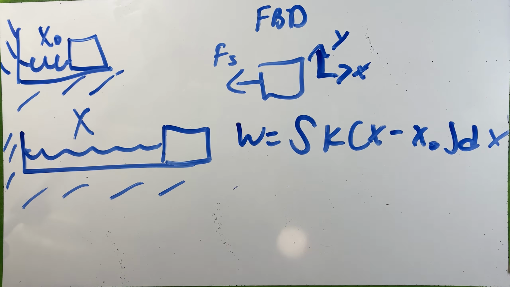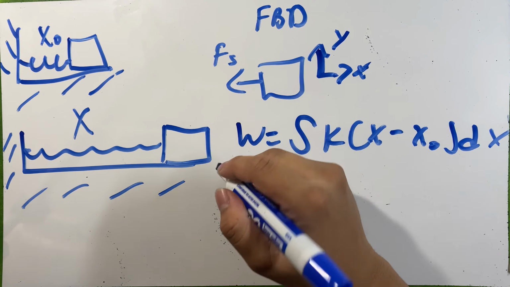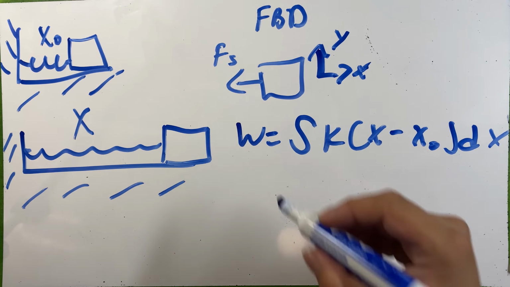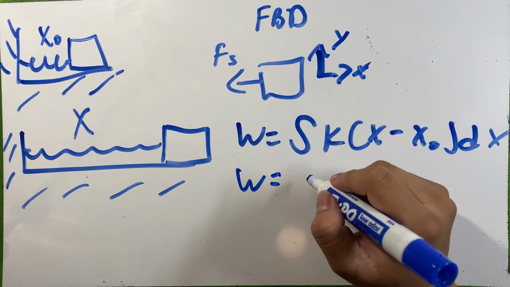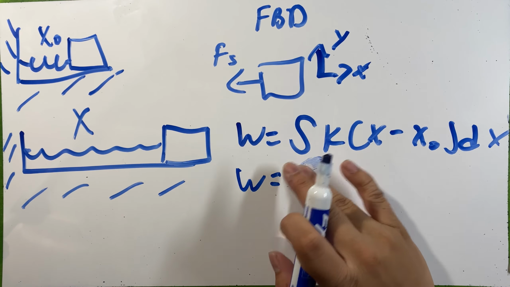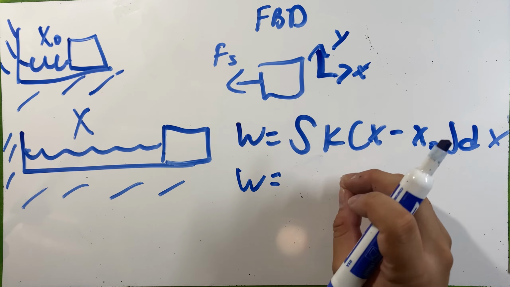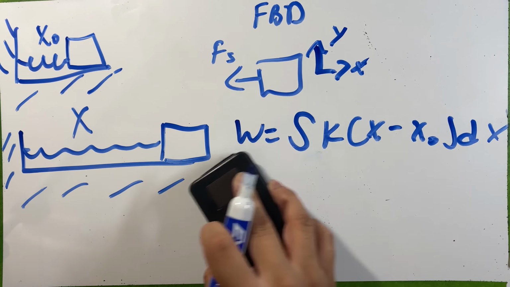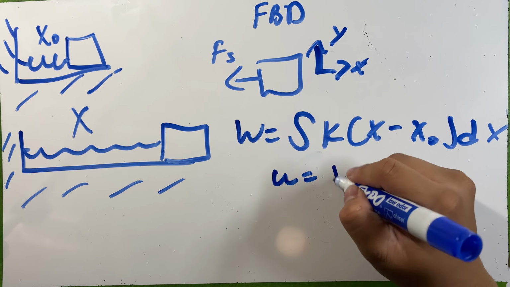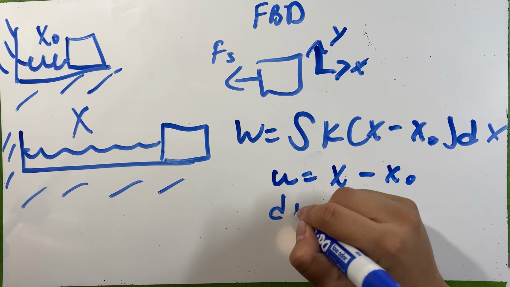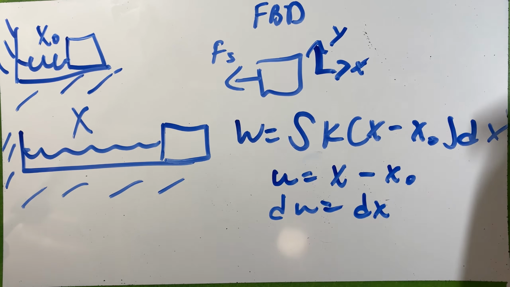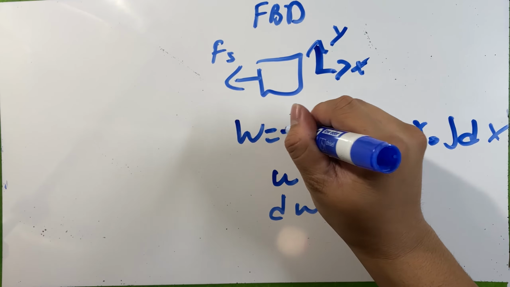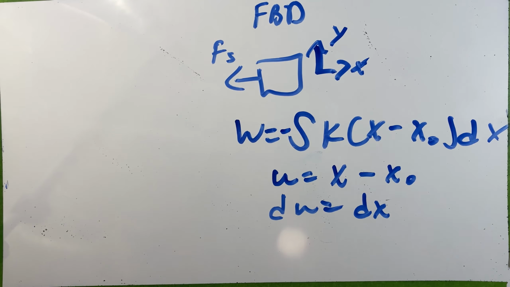Well, we could do a u sub, where u is equal to x minus x naught, so du is equal to dx. That makes things a lot easier. Simple. Oh, and I forgot the negative here, of course, because the force is going in that direction.